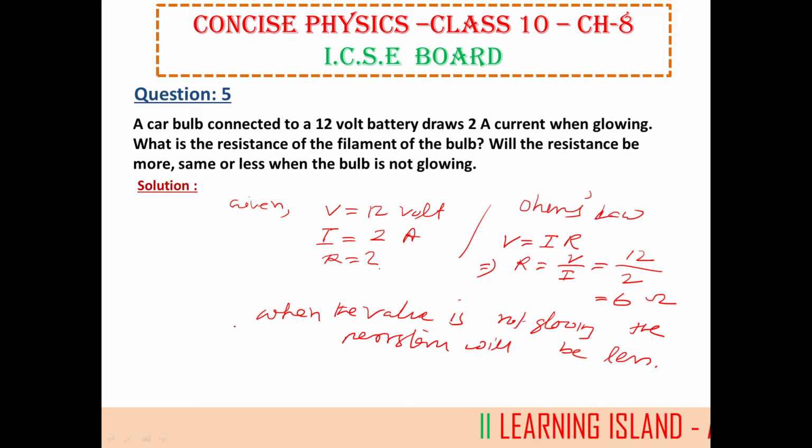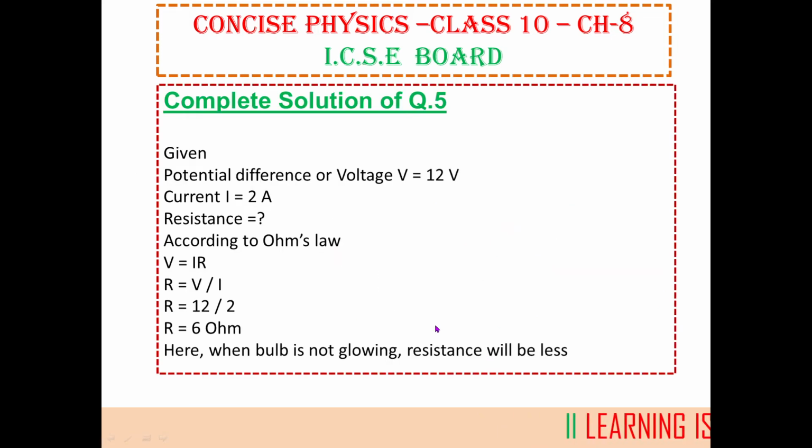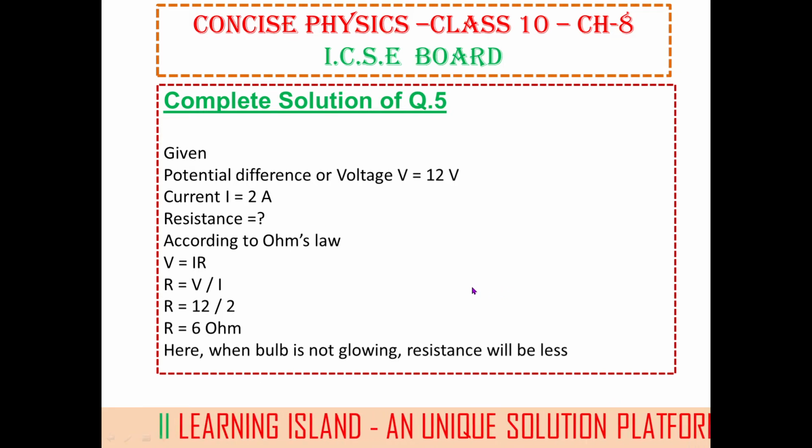So if the bulb starts glowing, that means it is getting heated up, so the resistance will be more. So when it is not glowing, just at the beginning, the resistance will be less. So this is the final solution. You just pause it and write it down.